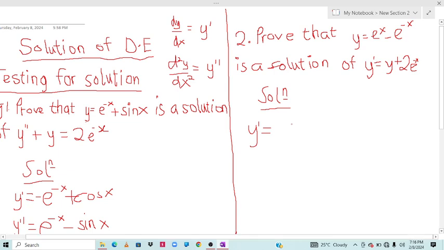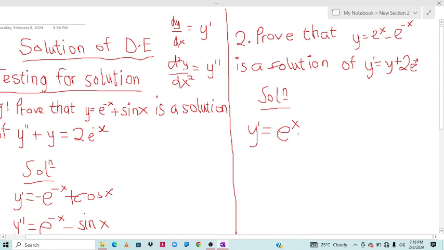Because I stated earlier on that whenever we differentiate an exponential function, we first differentiate the exponent, then multiply the result with the initial function. Here our function is e^x and the exponent is x. If we differentiate x, we get 1, and 1 times e^x gives back e^x.